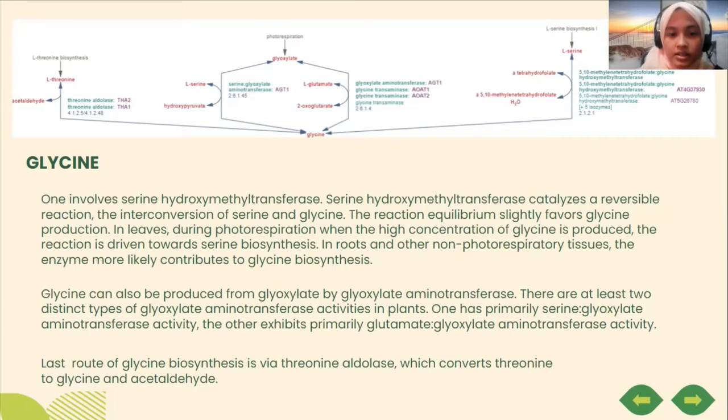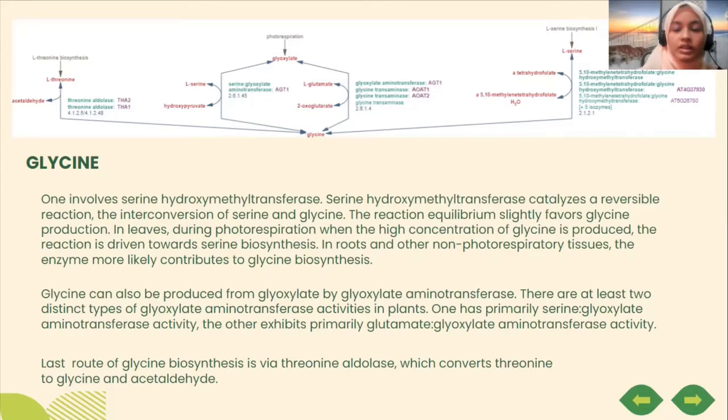hydroxymethyltransferase. The serine hydroxymethyltransferase will catalyze a reversible reaction, the interconversion of serine and glycine, which means it produces serine and glycine. In plants, the reaction equilibrium slightly favors glycine production.